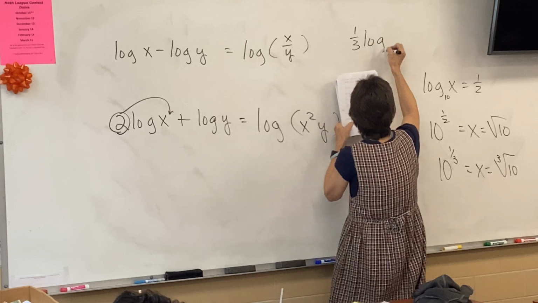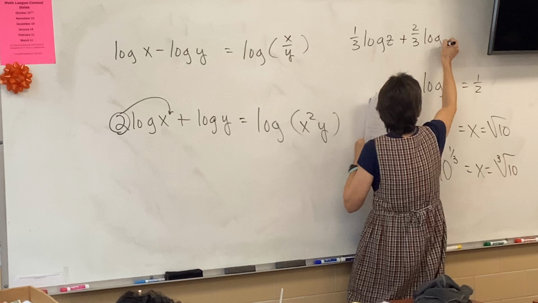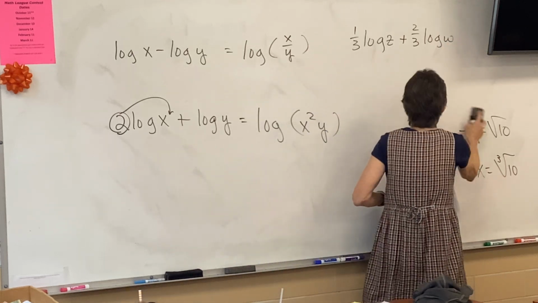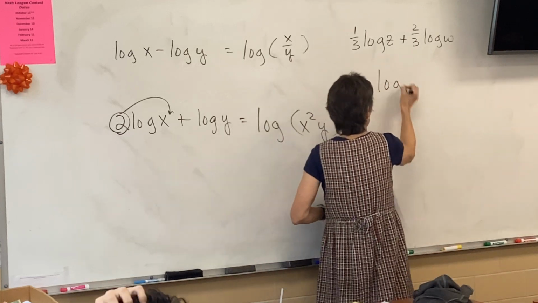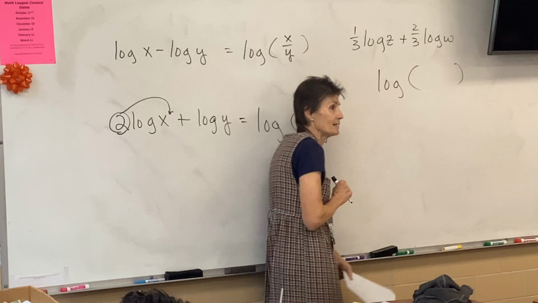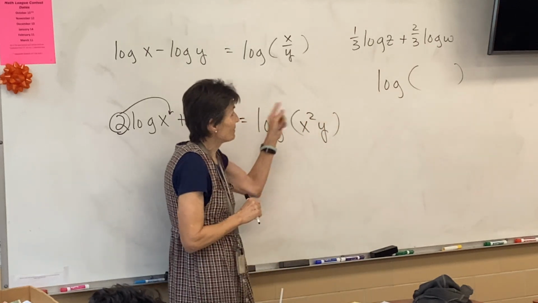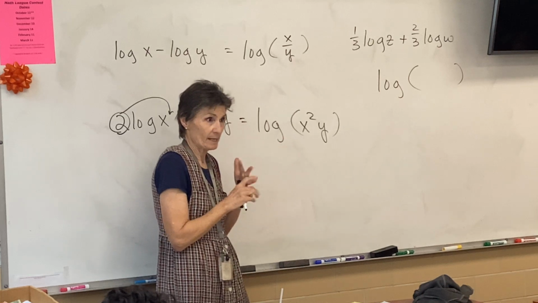1/3 log z plus 2/3 log w. I don't know what you're going to do here, but somehow you got to get it all put together. It's going to be log of one thing. There's only going to be one thing. So what's in there? Is it going to be multiplied or divided? Multiplied. Right.